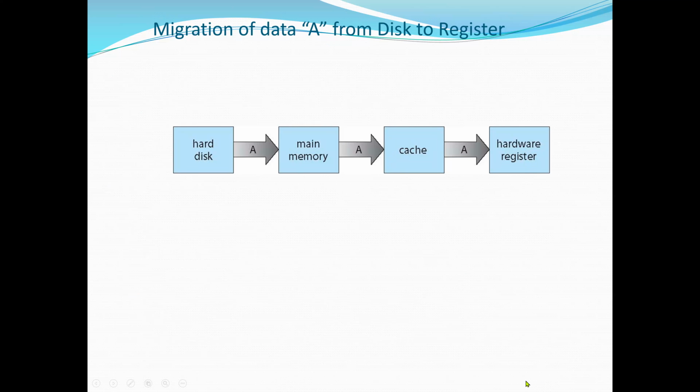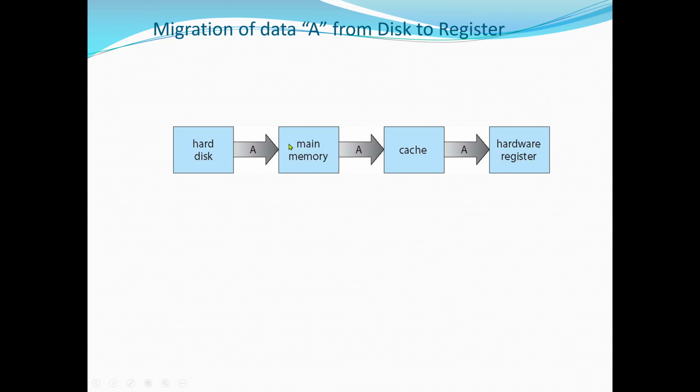So, migration of data from disk to register. Normally our data will be stored permanently in a storage device, such as the hard disk, or it can be a flash disk, etc., any permanent storage device. If data is needed by the CPU, or the CPU is processing some data, then we transfer the data from the hard disk to the main memory.